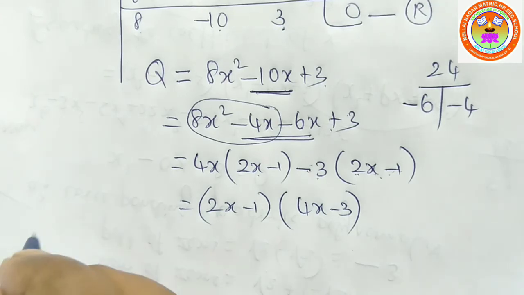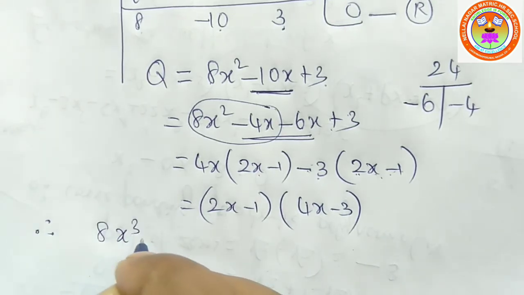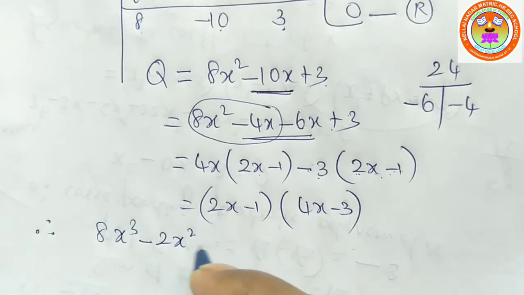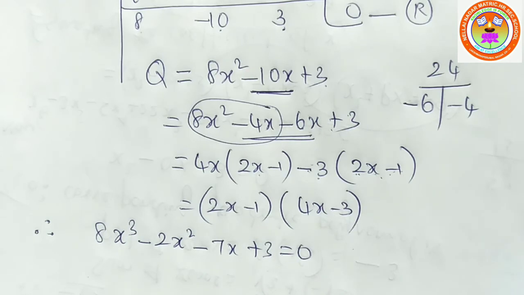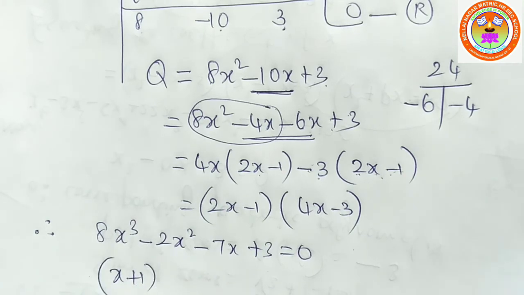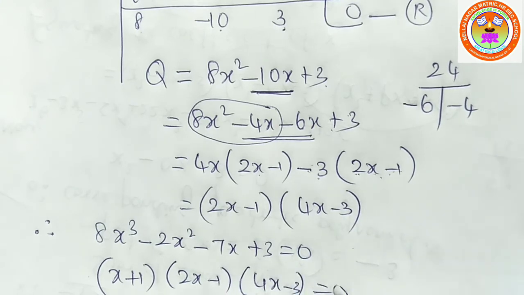Therefore, the given equation 8x cube minus 2x square minus 7x plus 3 equal to 0 can be written as the product of three factors. The first factor is x plus 1, the second one is 2x minus 1, the third one is 4x minus 3, which is equal to 0.